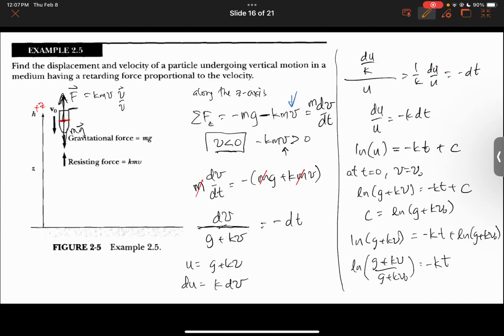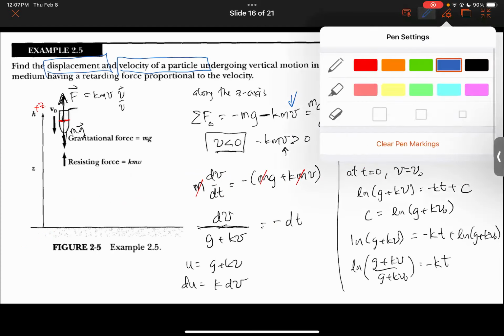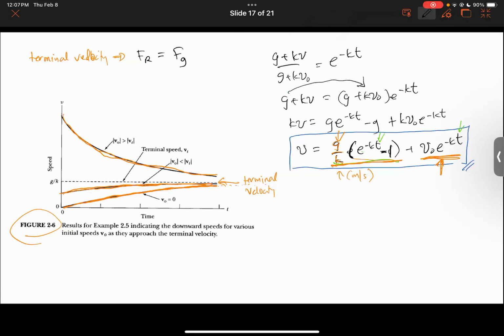That's actually just one part of what we wanted to solve, velocity of a particle. The second part is the displacement. So paano natin isosolve yung displacement dito? Now, of course, v is equal to dz dt. Remember, z yung ginagamit natin na axis dito, hindi y.